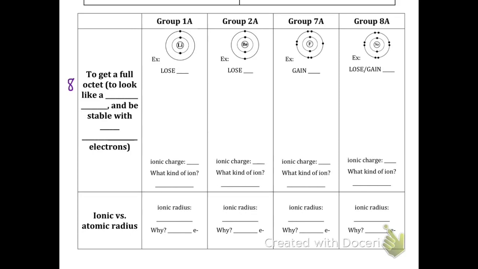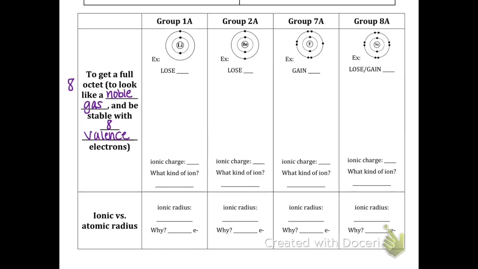Basically, in order to look like a noble gas, because noble gases are the popular cool kids, everybody wants to be like a noble gas. That's their goal in life. Every element wants to be a noble gas. And so in order to look like a noble gas, every element wants 8 valence electrons. Remember, valence means outer electrons.